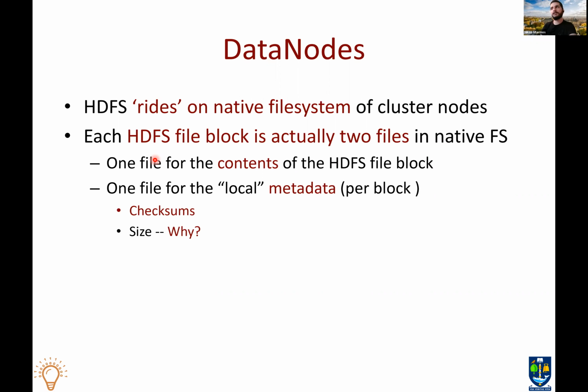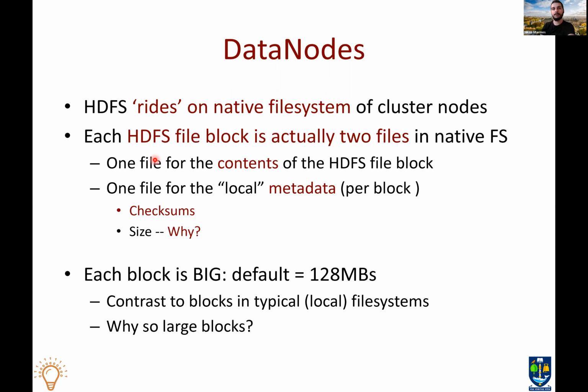We said earlier that for every block we have the data and some local metadata, and these are stored actually as 2 different files. One file is just the content, another file is just this local metadata, which is the checksum and the size. The size being how many bytes of the block you've used so far.